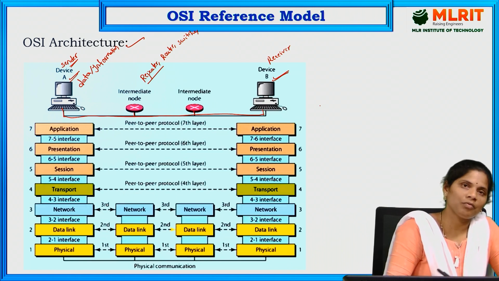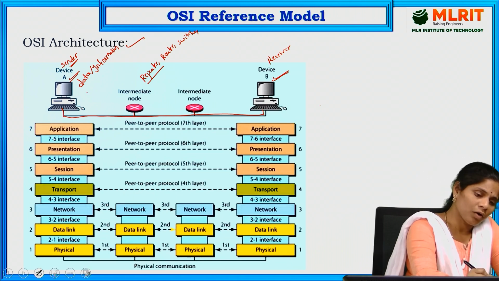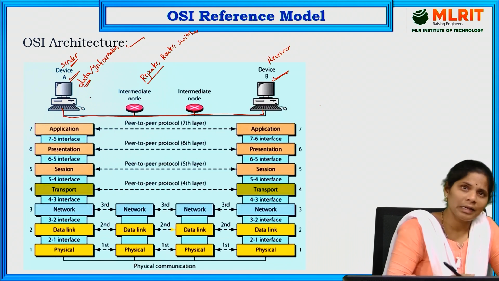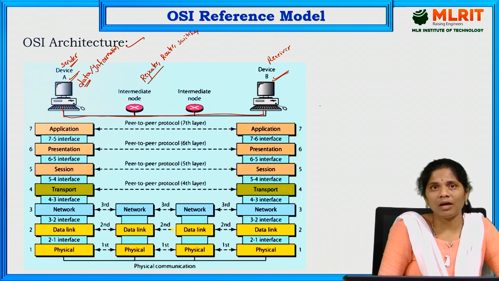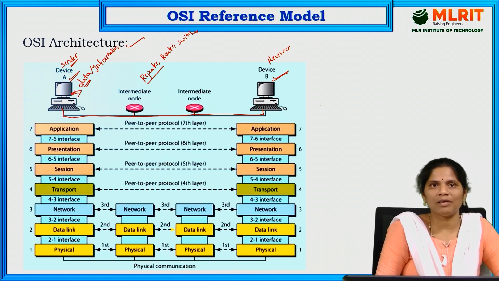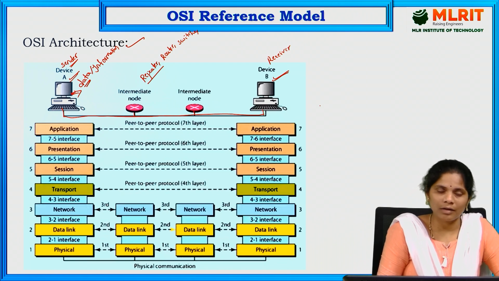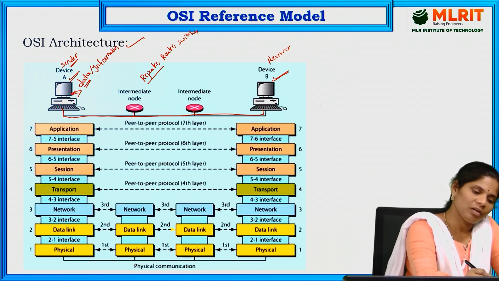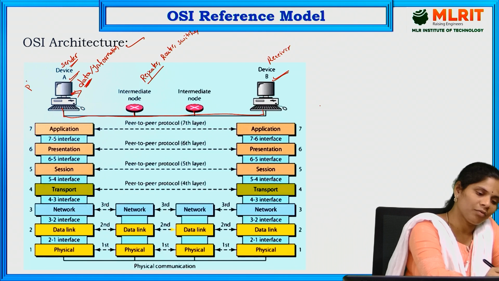First, if I want to send data, I want to send it using some particular application. Your device has a number of applications. First, you have to select the application through which you want to send that data. Suppose I want to send a PDF file, I am going to use Gmail.